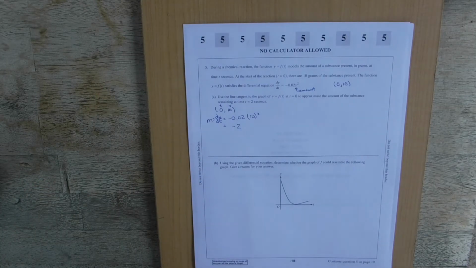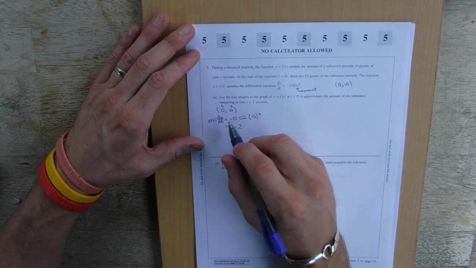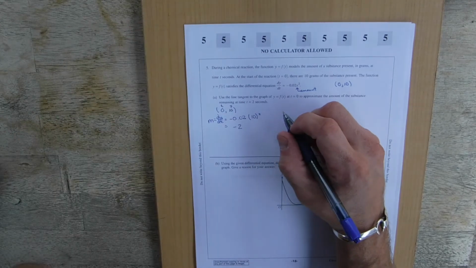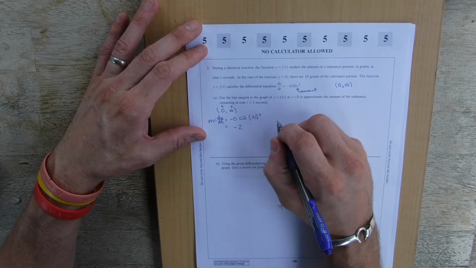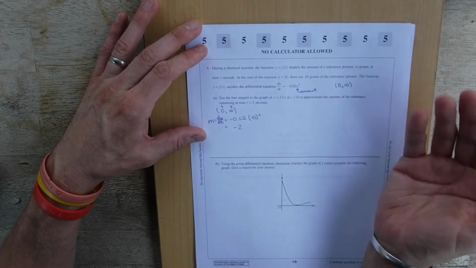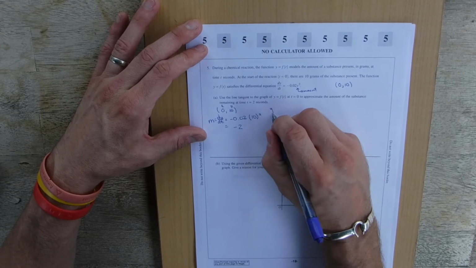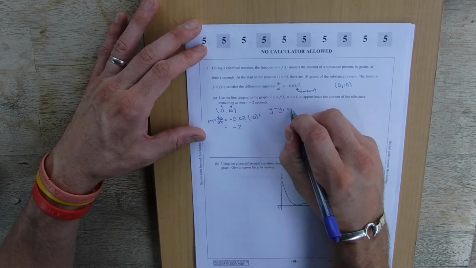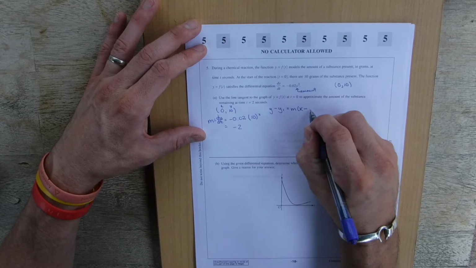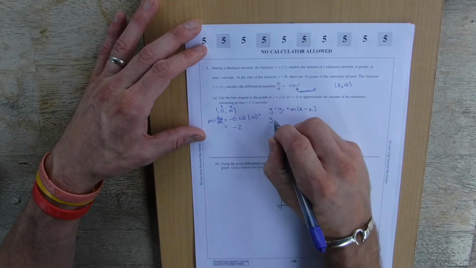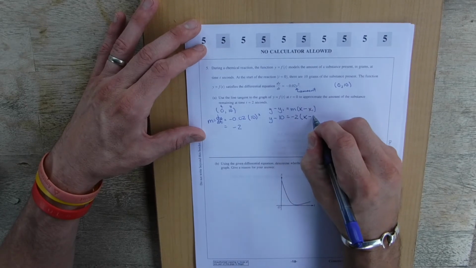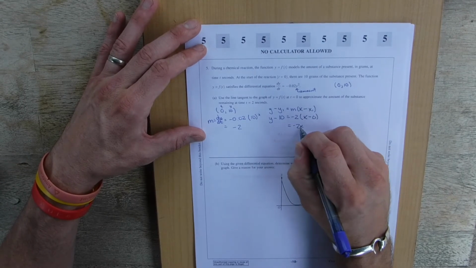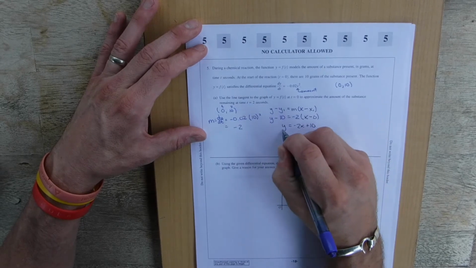This is at the point (0, 10), so I'll write an equation for the tangent line, which is an approximation. y minus y1 equals m times (x minus x1), y minus 10 equals negative 2x, so y equals negative 2x plus 10. That is my linear approximation.